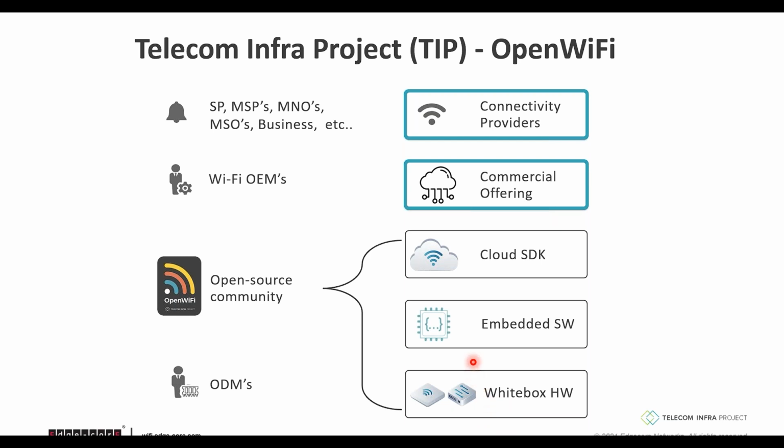Then they handle the integration between the hardware and the software, and continue to develop a lot of enterprise software features. And in order to manage all the TIP OpenWiFi certified models, they also provide a cloud SDK. For the customer type like service providers or multiple service providers, they provide the service and solution to the end customers.